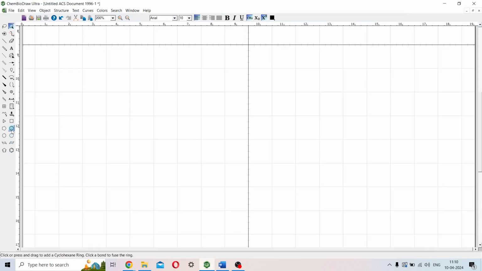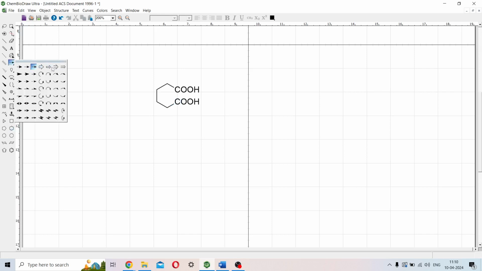So I am looking to get this acid, okay. How can I get that? Any idea? From where should I get this?